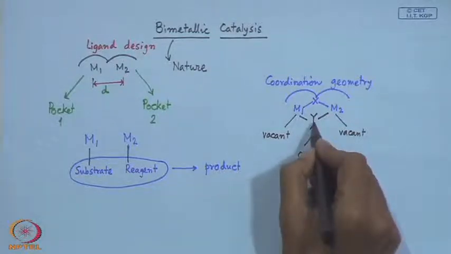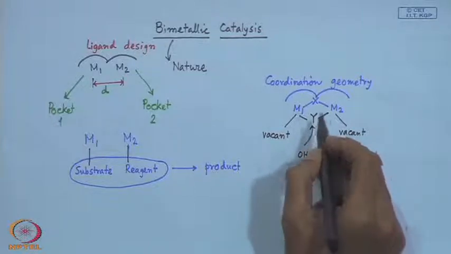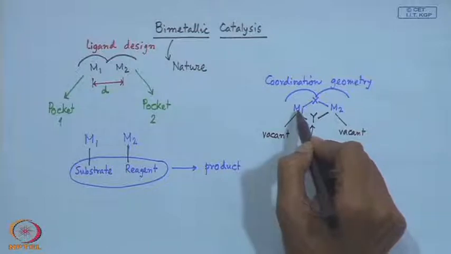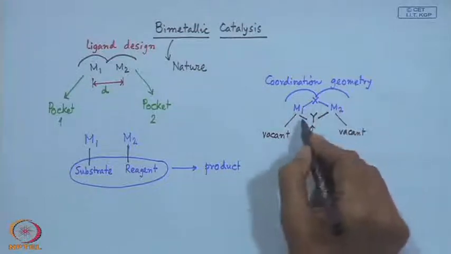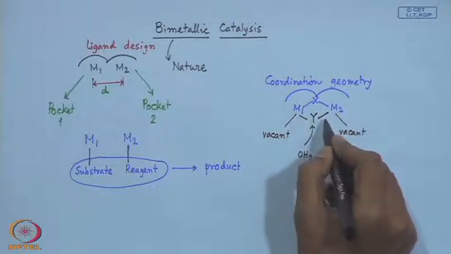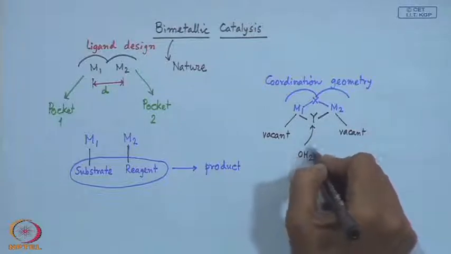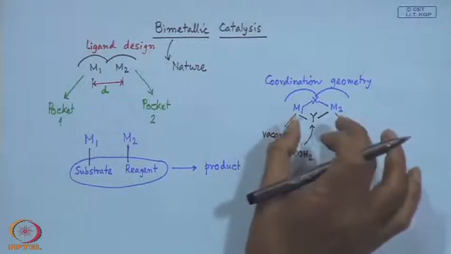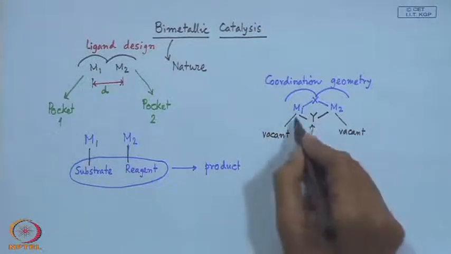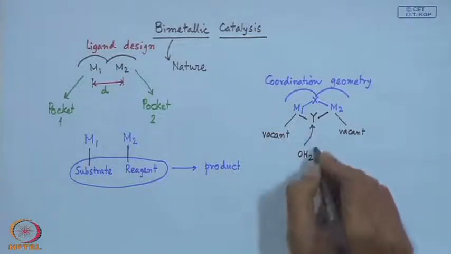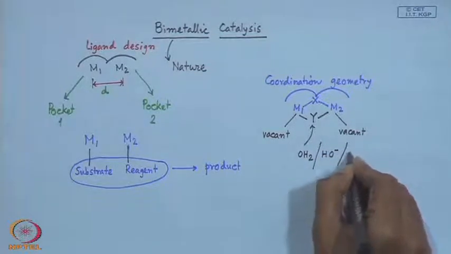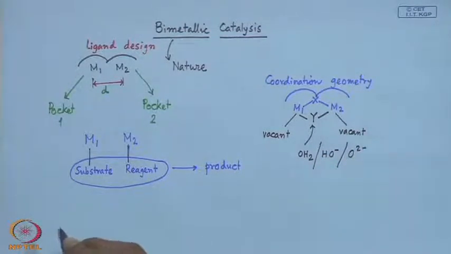So, it can be water bridged. Why is it water bridged? Because X is there and some other donor points are available for binding M1 and M2, and you have some other positions available which can be occupied by a monodentate water molecule, but if M1 and M2 are close enough, you get a bridging water molecule or a hydroxide group or an oxido function.